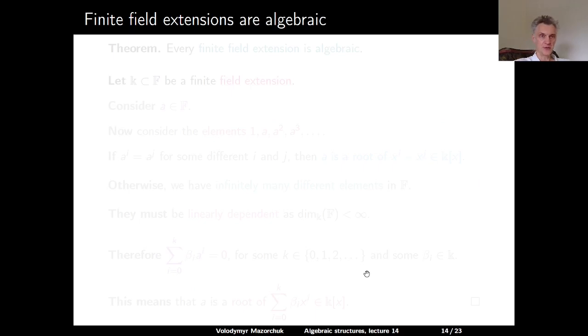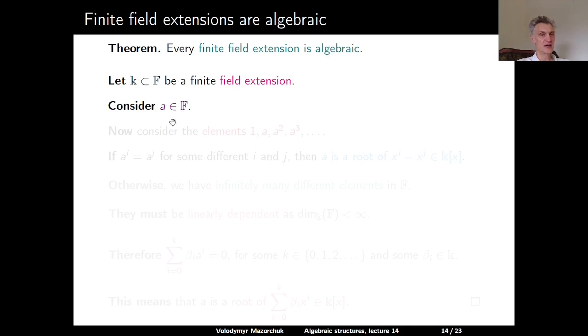So what is the relation between finite field extensions and algebraic extensions? So the fact is that every finite field extension is algebraic. So let's prove that. Let K inside F be a finite field extension. Consider some element a in F and all its powers, 1, a, a squared, a cubed, and so on.